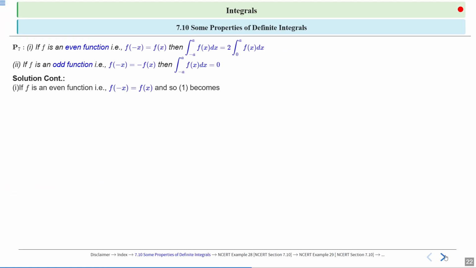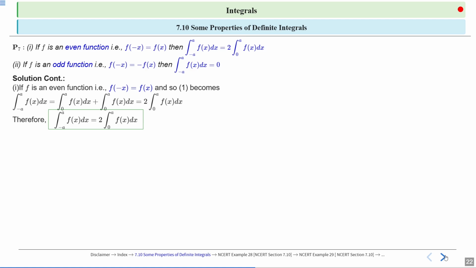Now if f is an even function, then f(minus x) is equal to f(x). So in equation 1, in place of f(minus x) we just substitute f(x). So we get the integral from 0 to a of f(x) dx plus again the integral from 0 to a of f(x) dx. So we get 2 times the integral from 0 to a of f(x) dx. Therefore, for an even function, the definite integral from minus a to a of f(x) dx is 2 times the integral from 0 to a of f(x) dx.